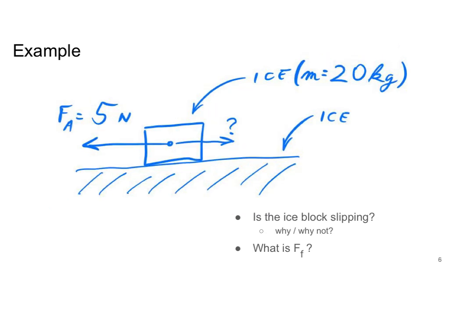What I'm going to do this time is wisely, I will first try to answer the question about whether it's slipping or not, and then after that, determine the force of static friction. And that's actually the correct order to be doing the thinking in these kinds of problems, because if you discover that you're pulling too hard on the object, then you're no longer in a static friction case.